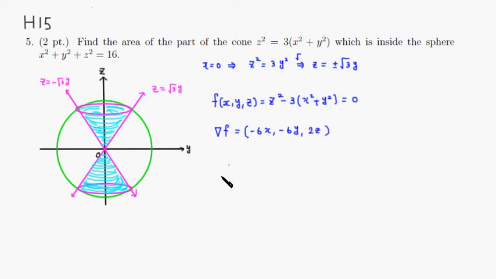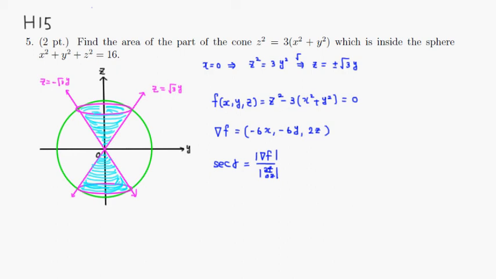If you want to find the secant of gamma, you get the magnitude of the gradient of f divided by the absolute value of the partial of f with respect to z.